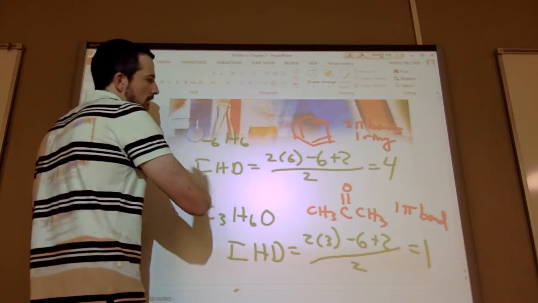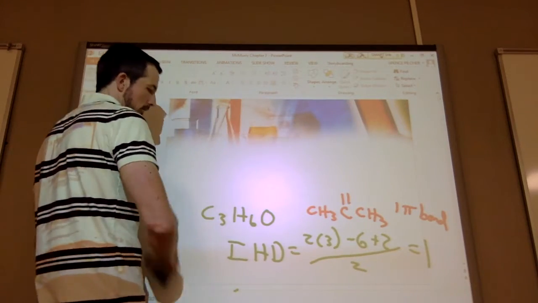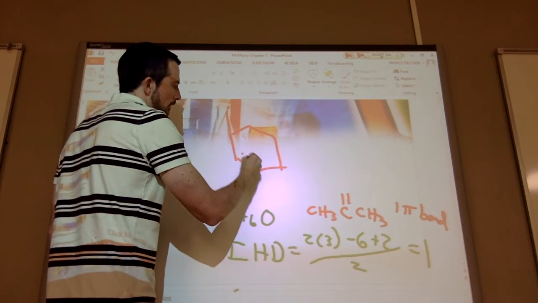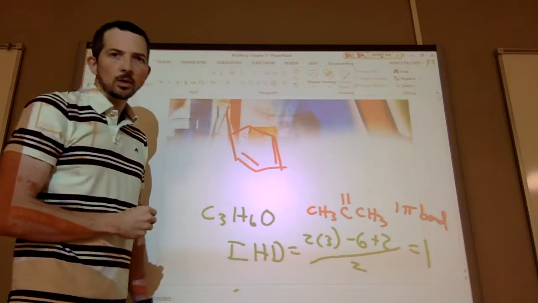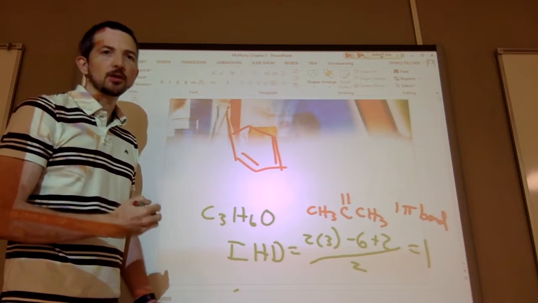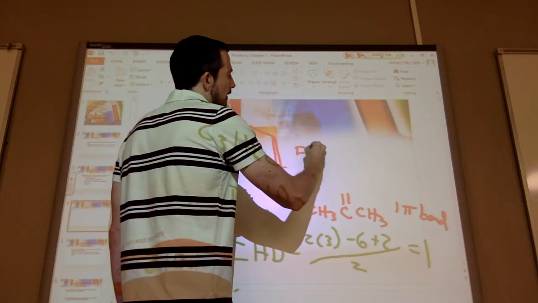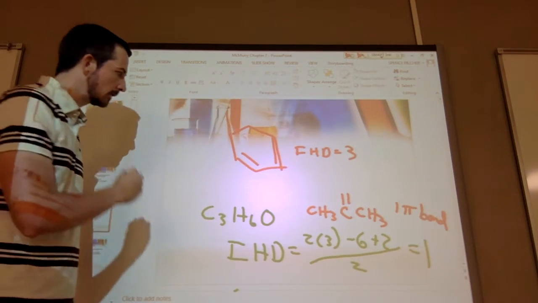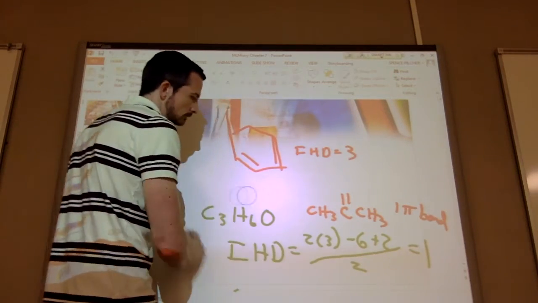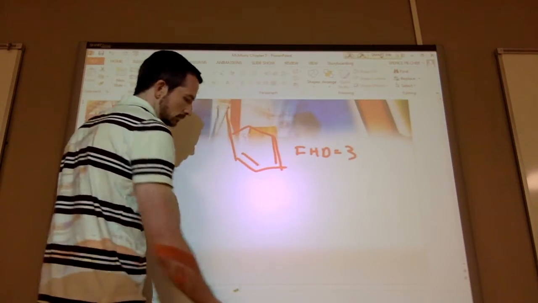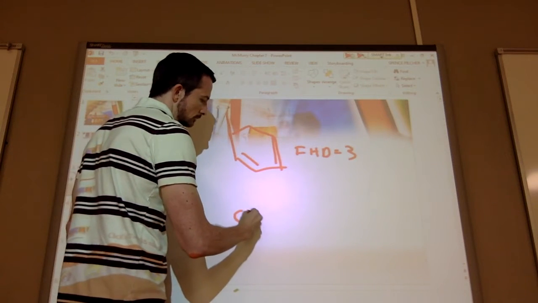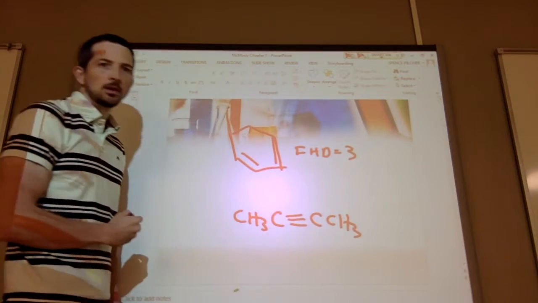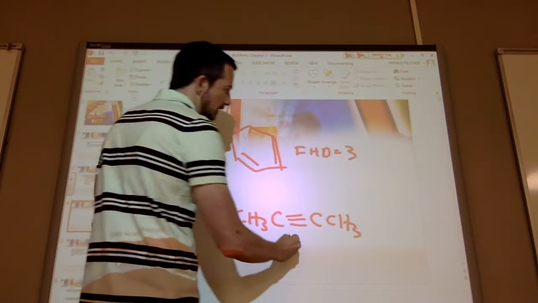Likewise, if we looked at cyclohexadiene, I just have 2 pi bonds in a ring, so that's IHD of 3, just from looking at the structure. If I did acetylene, triple bond, 2 pi bonds, so IHD is 2 there.